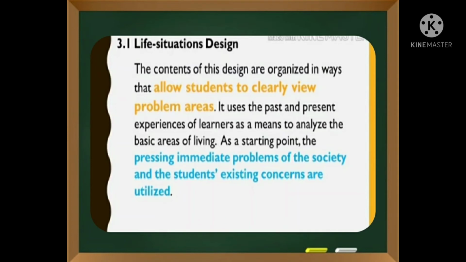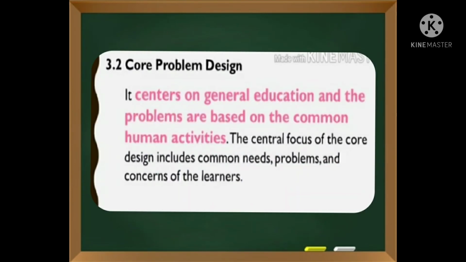Number 1, life situation design. The contents of this design are organized in ways that allow students to clearly view problem areas. It uses the past and present experiences of learners as a means to analyze the basic areas of living. As a starting point, the pressing immediate problems of the society and the students' existing concerns are utilized.